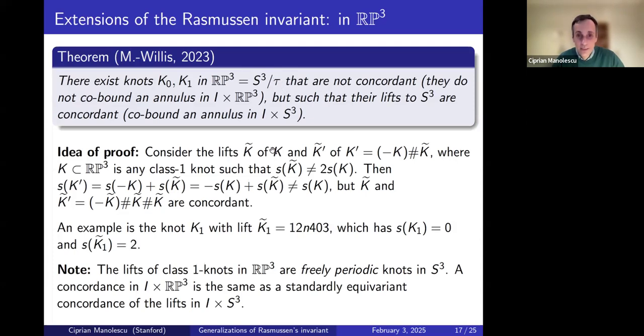Right, yes. And for this, well, how do we do it? Well, here are some knots. Basically, we need to find a knot such that S of K tilde is not 2 times S of K. For many knots, if you look at S in RP3, then S of the lift is twice as much.